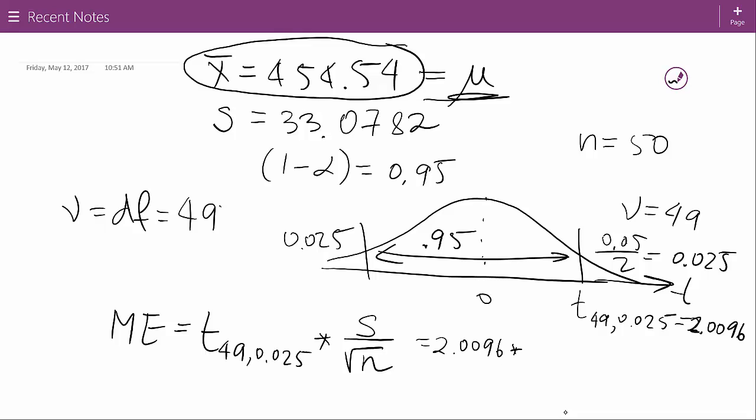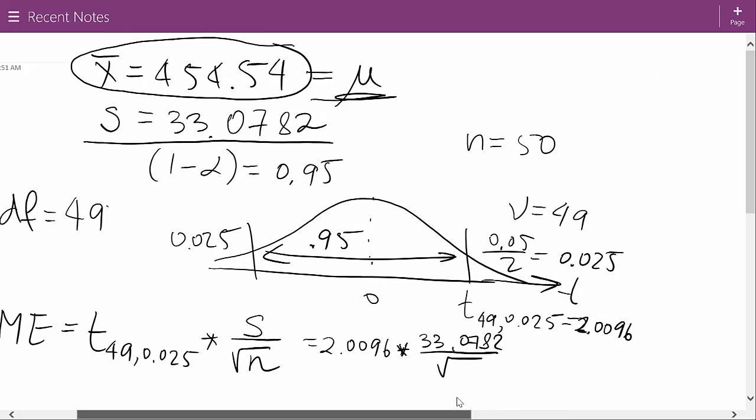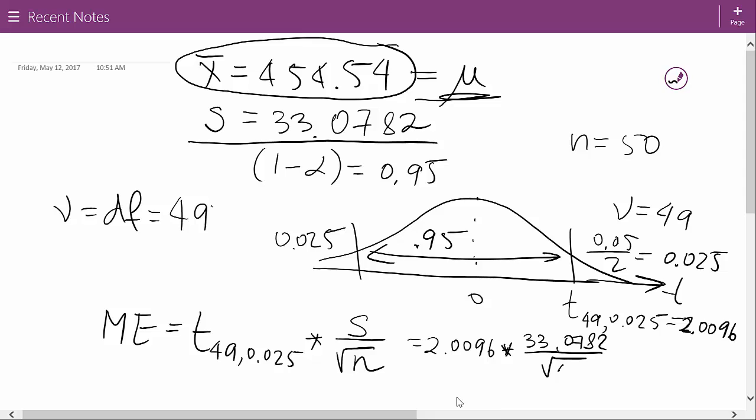Standard deviation is right here, 33, that's times, that's not plus. 33.0782 divided by the square root of what number? 50. Yep. Divided by the square root of 50.